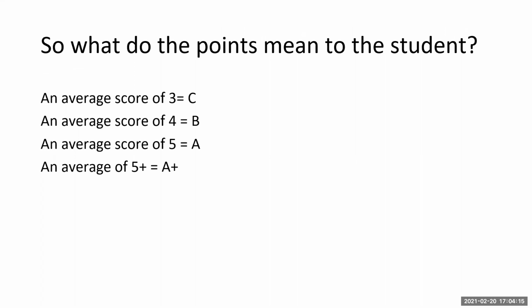Because I was going for status, I just kept it really simple. If you got an average score of 3, you were coming out with a C in participation. If you kept an average score of a 4, you were looking at a B. An average score of a 5, you were looking at an A. Average of a 5+, you were looking at an A+.